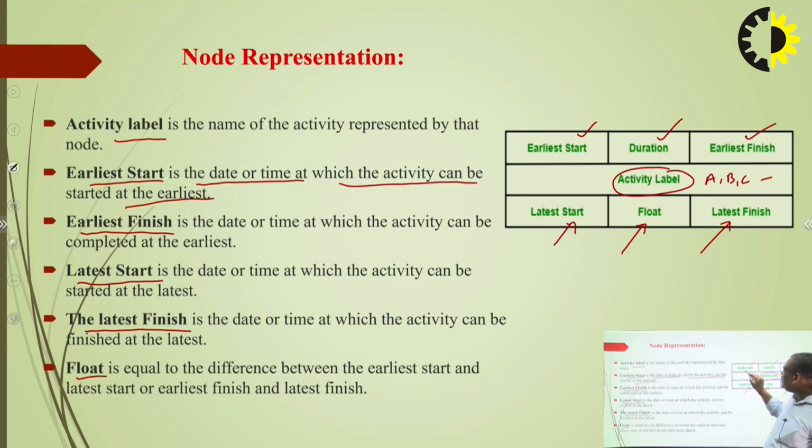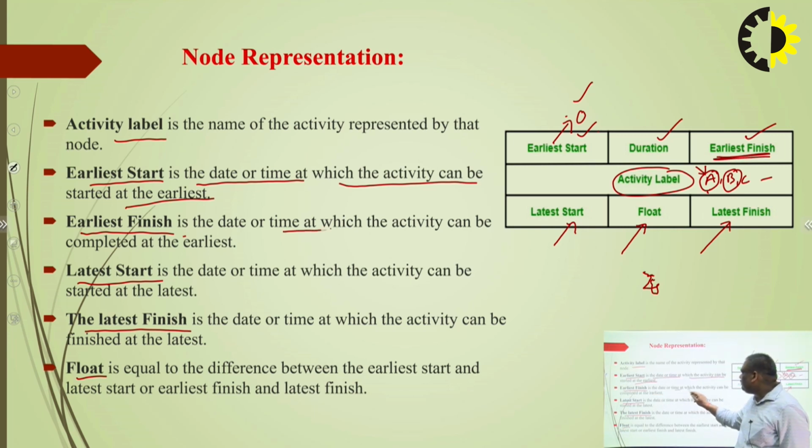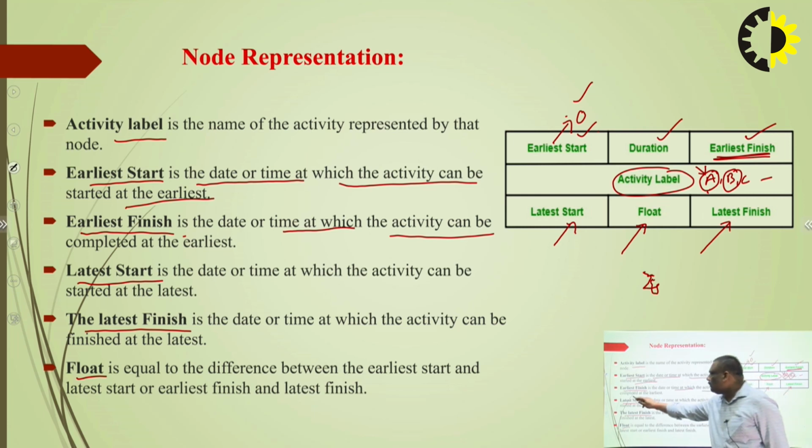Initially it is 0. For the A activity, it will be 0. For the B activity, it is after completion of A. The earliest finish is the time at which the activity can be completed at the earliest.